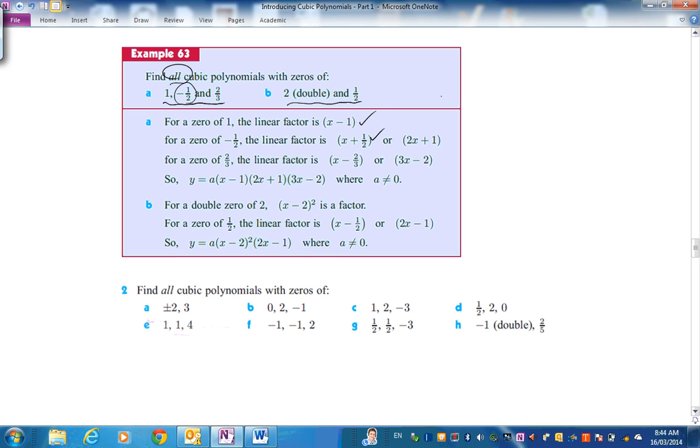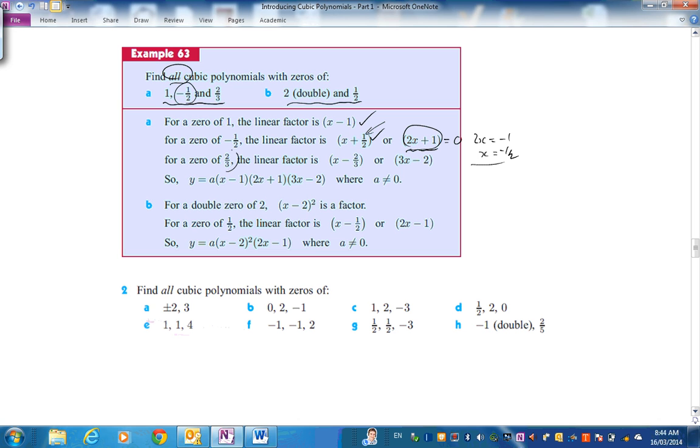Remember the opposite sign, because you're going to be putting each of the factors equal to 0 under the null factor law. Now this one's more easily done with 2x plus 1. If you put 2x plus 1 equal to 0, you get 2x equals neg 1, x is neg a half. It's just a neater factor than having a fraction in it.